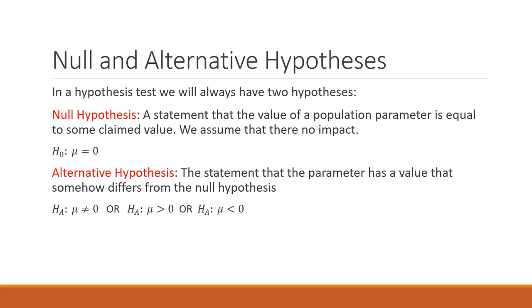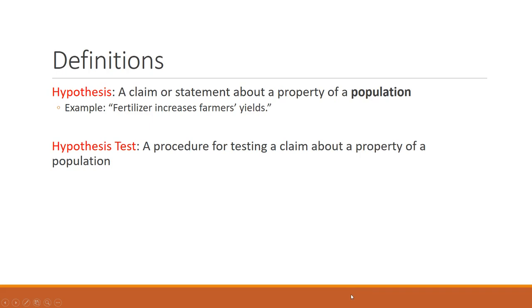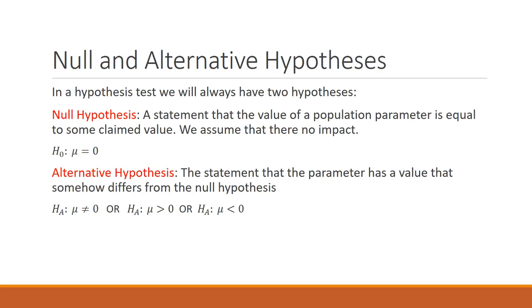The alternative hypothesis is a statement that the parameter has a value that somehow differs from the null hypothesis. Maybe it simply just does not equal 0, or maybe it's greater than 0 or less than 0. Usually the alternative hypothesis is the one that we think, the one that we're testing. If I'm making the claim, fertilizer increases farmers' yields, my null hypothesis would be fertilizer does not increase farmers' yields.